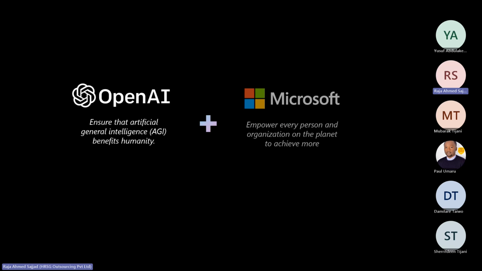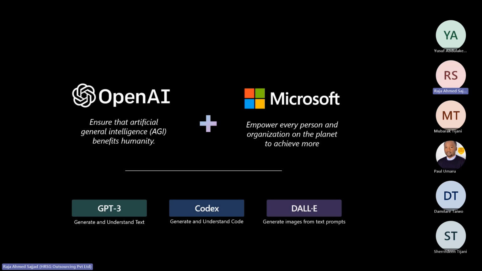And we tried our level best to have a great partnership with OpenAI. Our mottos and visions align as well. So Microsoft had an agreement with OpenAI, and after that we now have 49% stakes of OpenAI.